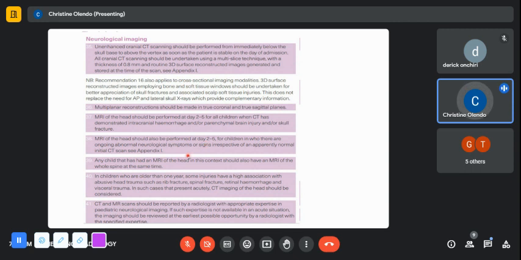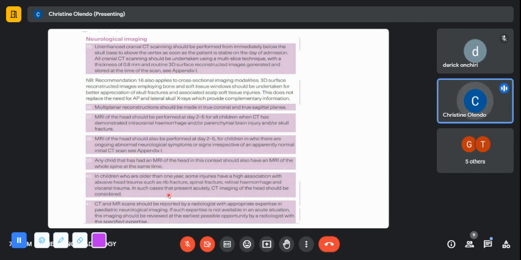MRI should also be performed at day 2 to 5 for children who have ongoing abnormal neurological symptoms, irrespective of an apparently normal initial CT scan. Any child that has had an MRI of the head should also have MRI of the whole spine at the same time.